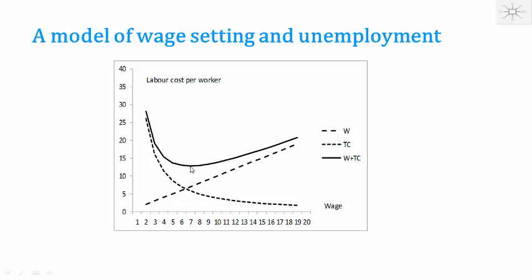That is where you have the lowest cost per worker. If you have a very low wage, then the wage payments are low, but the turnover costs are very high. If you have a very high wage, well, then you have almost no turnover costs, but your wage costs are very high. So there is some optimal level where you set the wage.